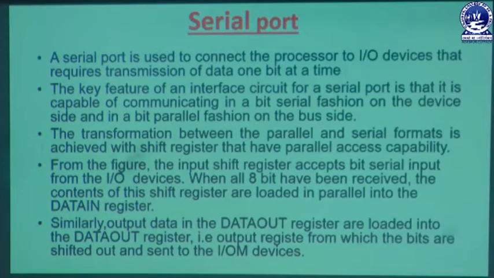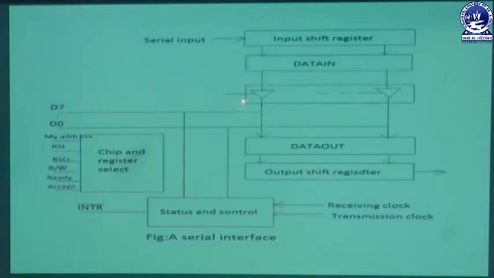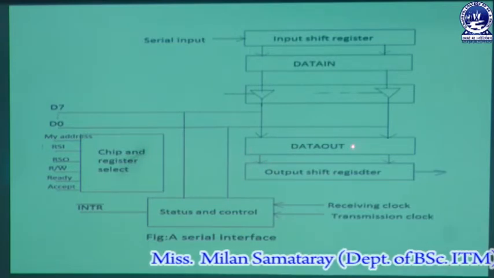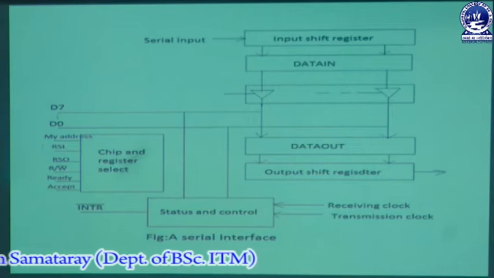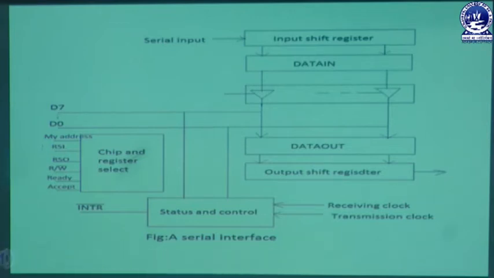Here you can see the data in is received, from D0 to D7, that means 8 bits are transmitted. After that, the data out register receives the data which needs to be displayed on some output device, and from this data out register, the output shift register collects the data, and then it will be transferred serially to another output device.